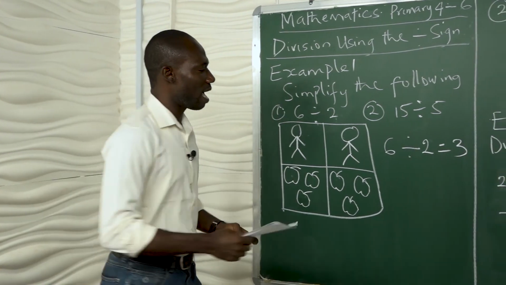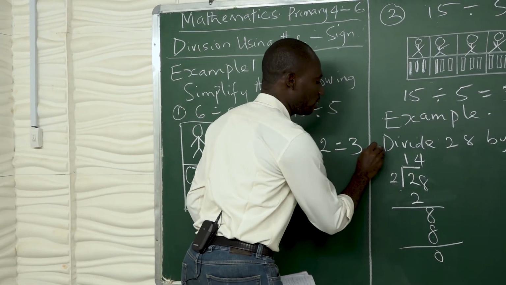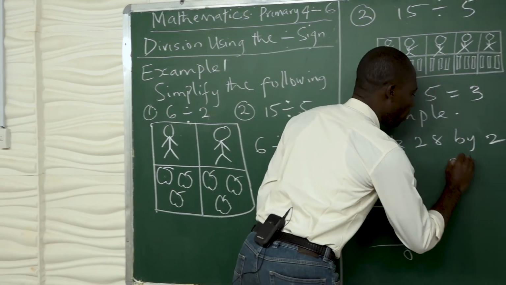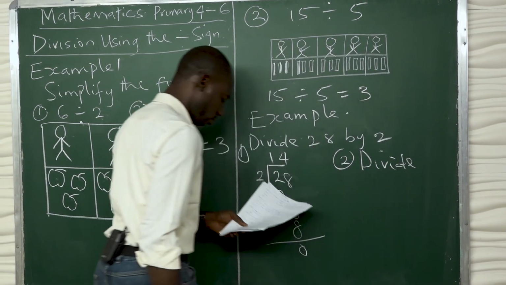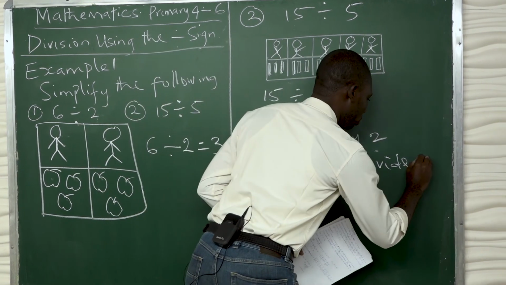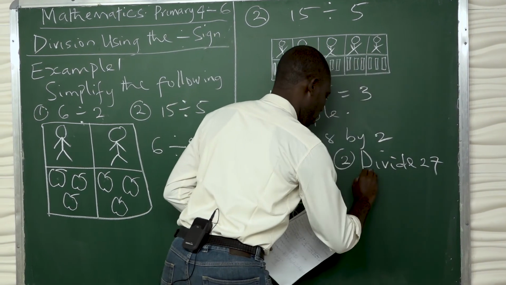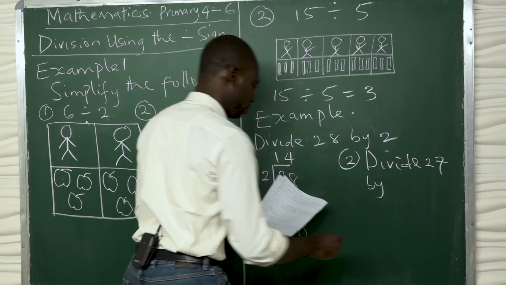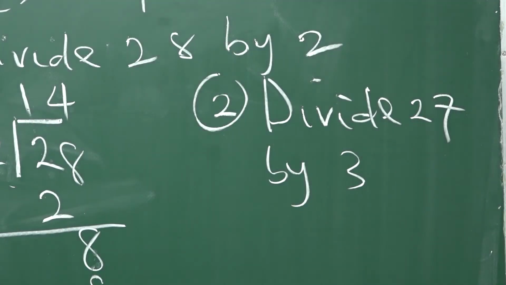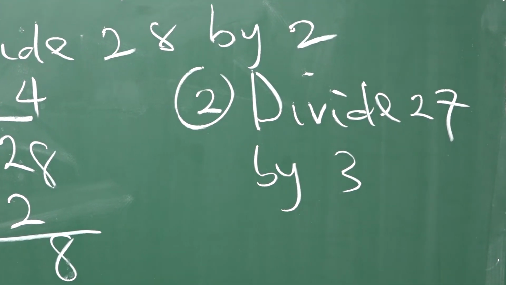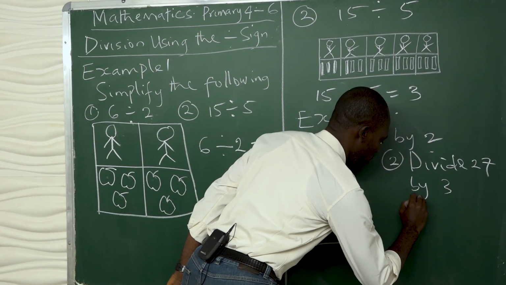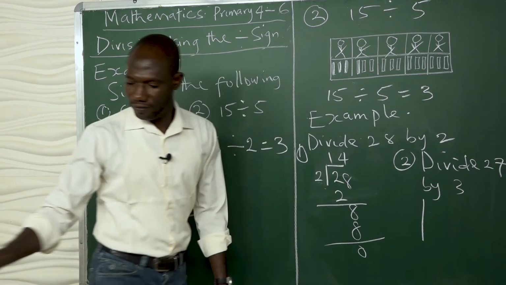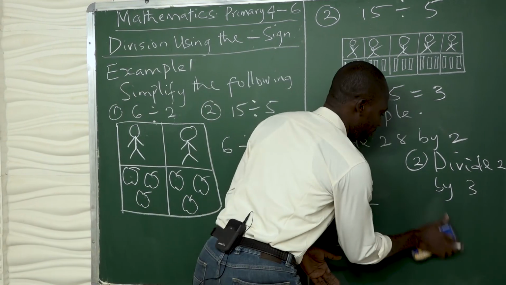So let's take another one quickly. This is number 2 in example 2. Divide 27 by 3. So here, again, you have your long division sign.